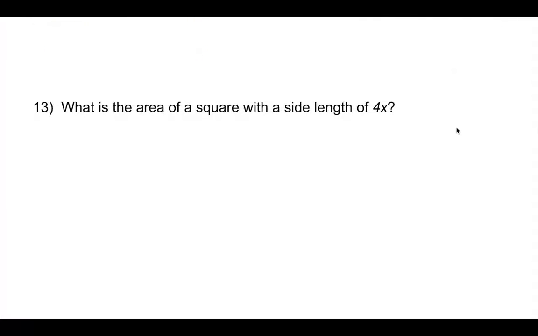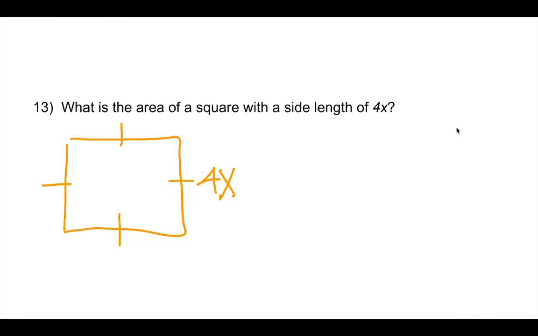Okay. What is the area of a square with a side length of 4x? So again, special about squares, all the sides are the same. If that's 4x, all the sides are 4x. If I do area equals length times width. Now remember, the special thing about squares is all the sides are the same.